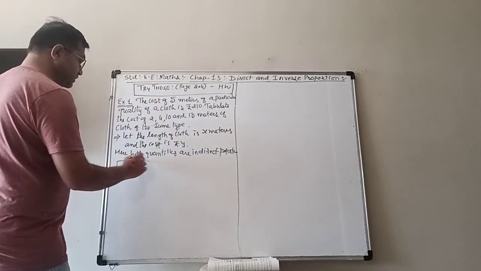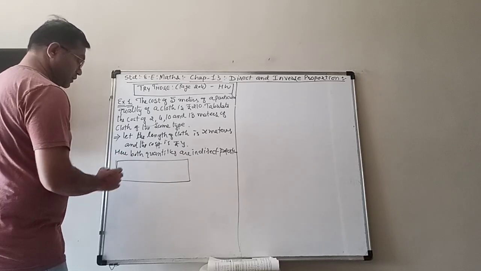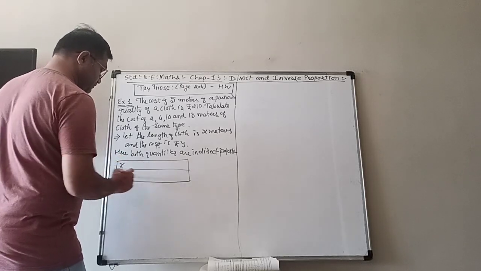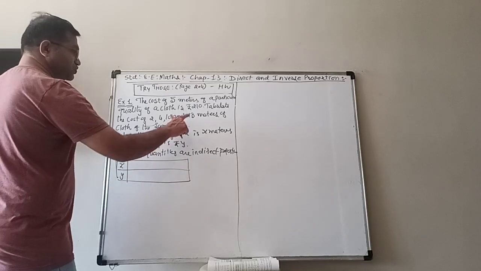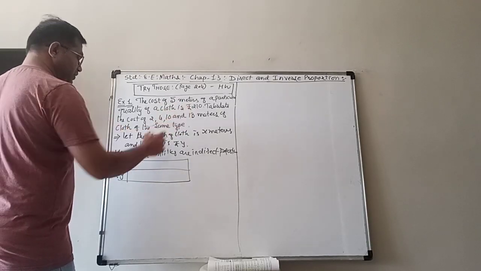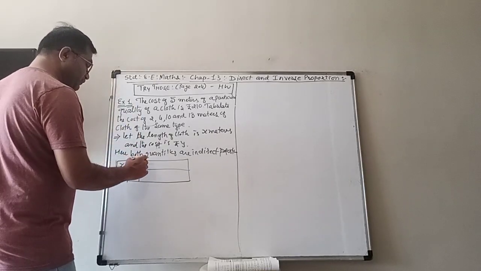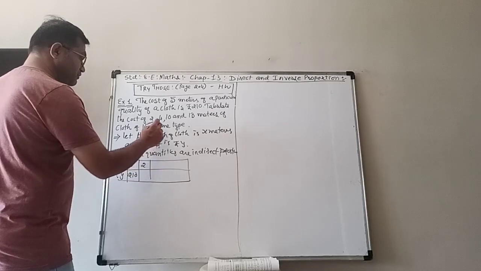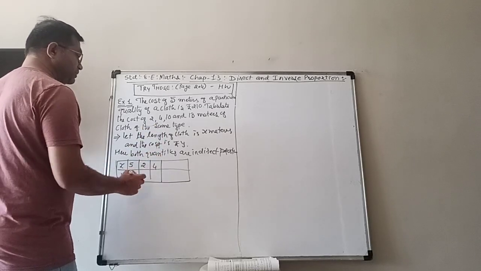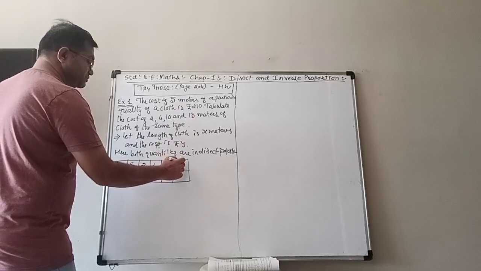So now we will make a table here first. X and Y. In the first column, what will we write down? 5 meters is given and the value is rupees 210. And we have to find the value of 2 meters, 4 meters, 10 meters and 13 meters.